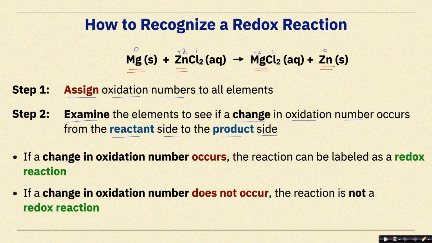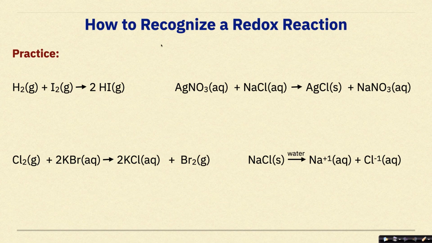So as we go from reactants to products, a change in oxidation number has taken place. If a change in oxidation number occurs, the reaction can be labeled as a redox reaction, just like we see with our example above. But if a change in oxidation number does not occur, and that definitely happens, the reaction is not a redox reaction.